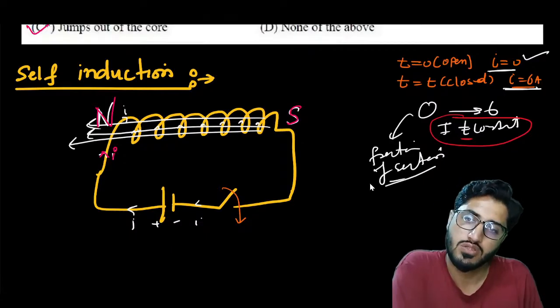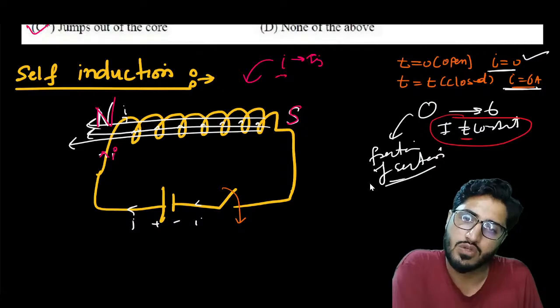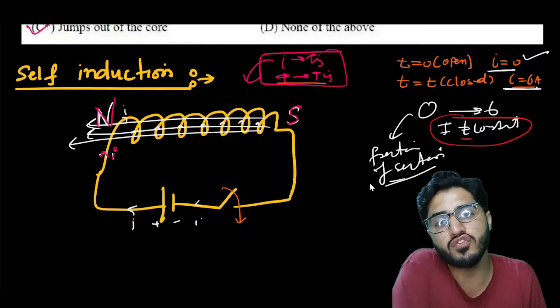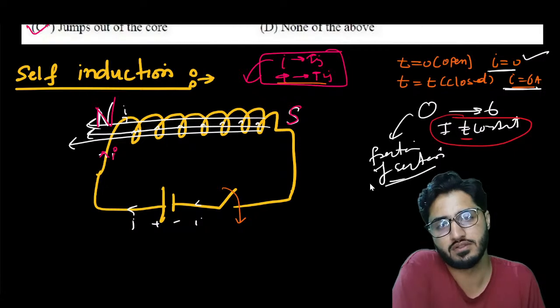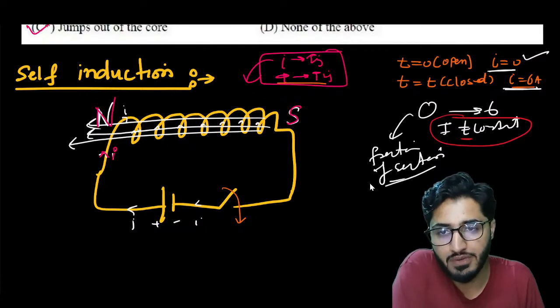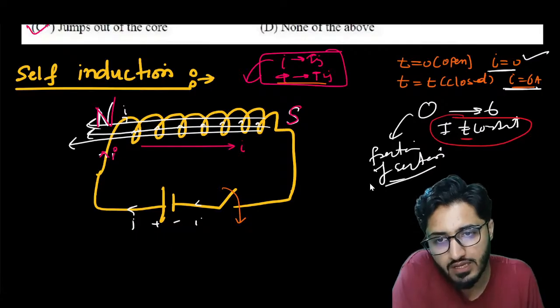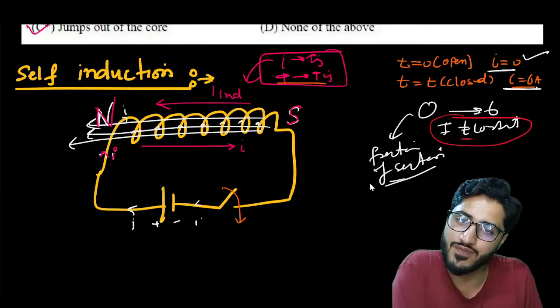So if I is increasing, phi is increasing. So Lenz's law states that there should be a current which opposes it. That simply indicates that if current is going in this way, I induced should be in this way. I induced.